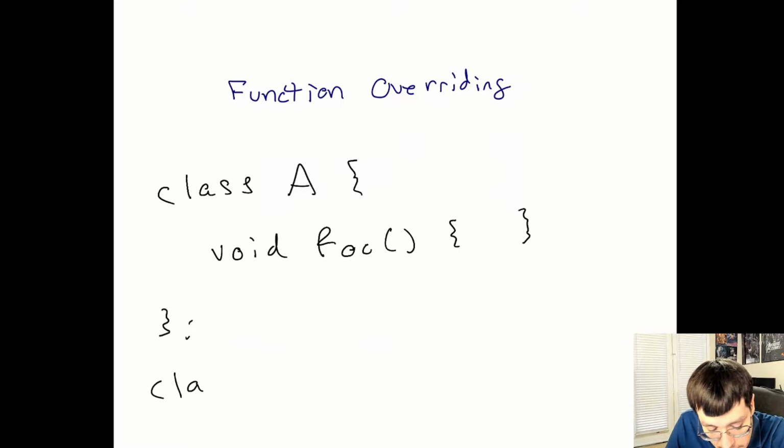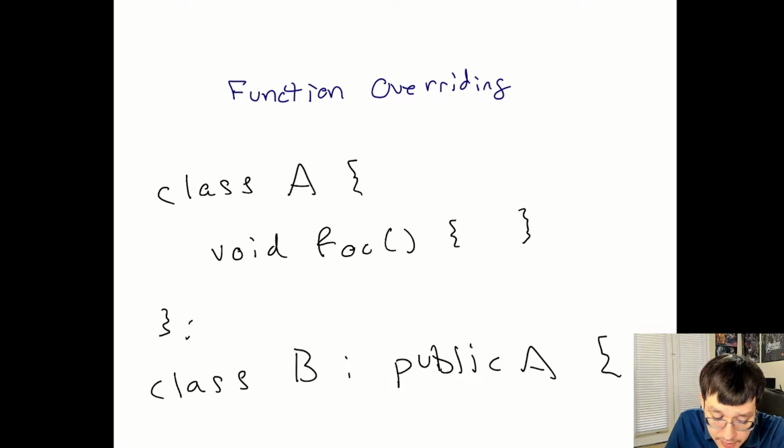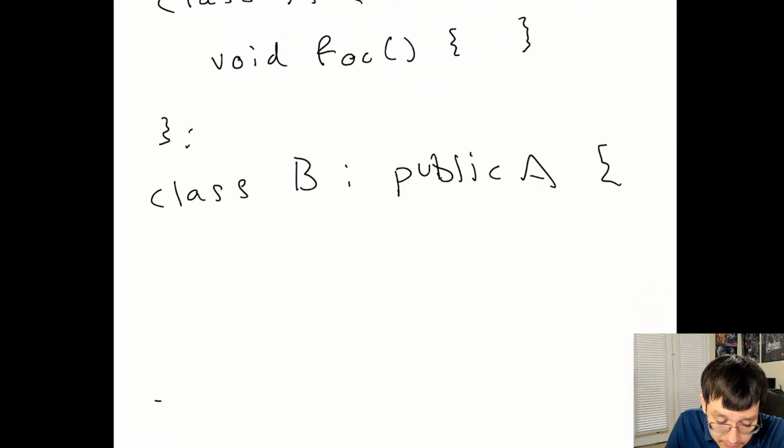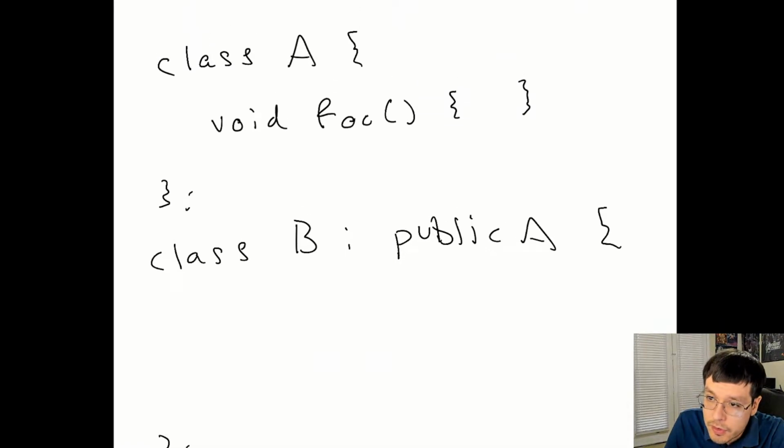And then if we use inheritance and inherit from class A, we know that class B contains everything from class A, including the function foo. So I could reference and call the function foo from the parent class.